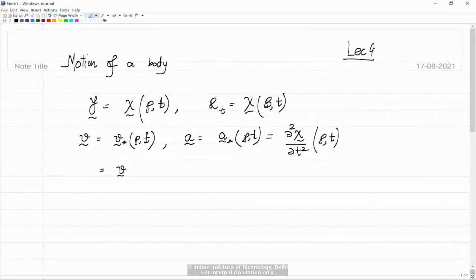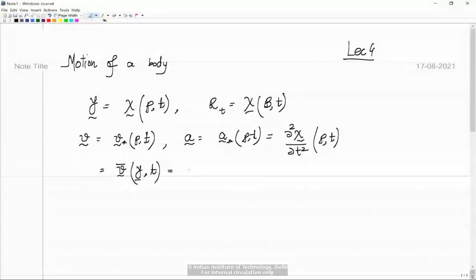Okay, and then, through the map, we could also introduce Lagrangian and Eulerian forms of velocity. So this is the Eulerian form with a bar, which is now a function of the current position y and time t. Okay, and you could recall that this was equated to v star using the inverse map, isn't it?